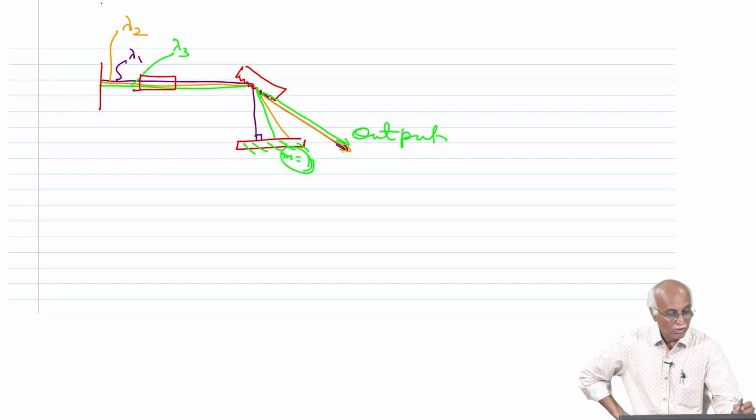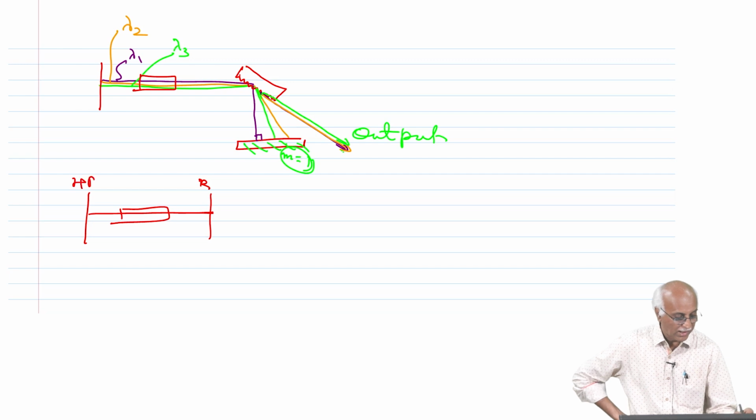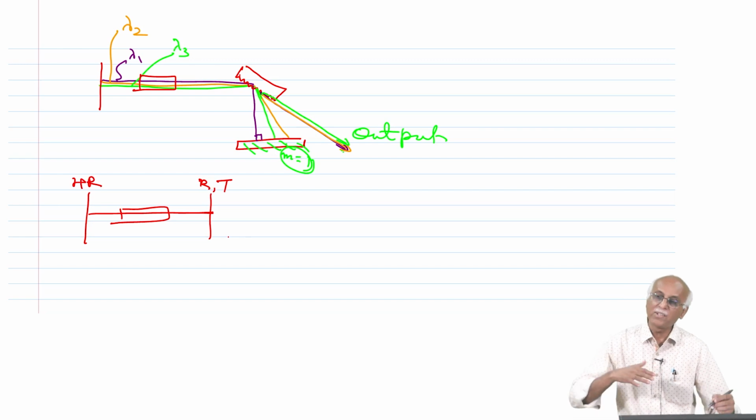So, sometimes we use an external cavity, a similar configuration, but first let the laser oscillate, and this R will be partially reflecting. This is high reflection, this is partially reflecting, partially transmitting, let us say a 30% or 50% reflector, 50% transmitter or whatever.